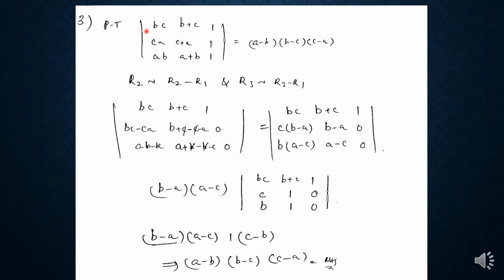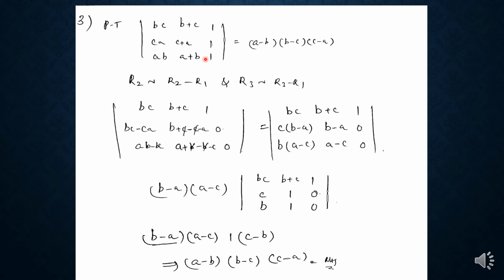Prove that the determinant with rows BC, B plus C, 1; CA, C plus A, 1; AB, A plus B, 1 is equal to A minus B into B minus C into C minus A. See this determinant: the third column has all elements as ones, three ones are there.